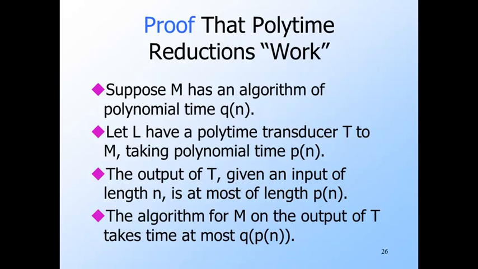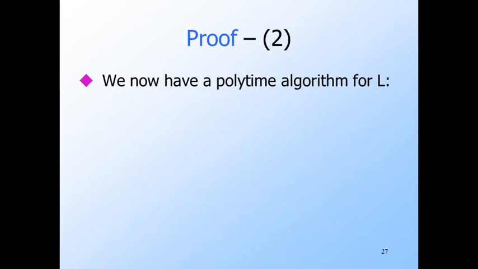So when we run the algorithm for M on this input of length P of n, the algorithm takes time Q of P of n. Note that a polynomial of a polynomial is a polynomial. The degrees of the polynomial are multiplied, but it's still a polynomial.